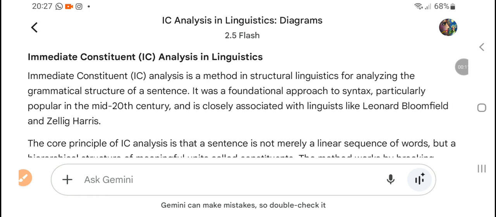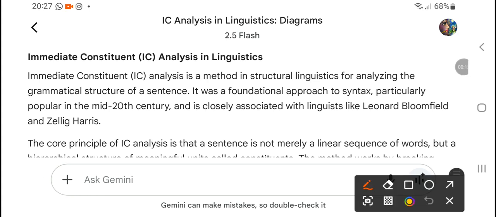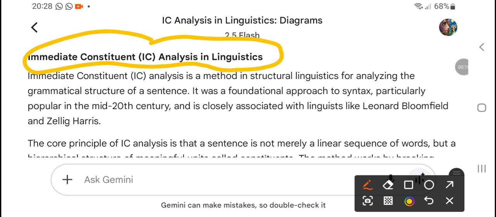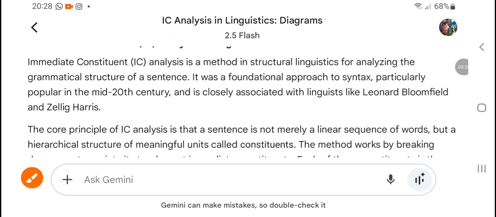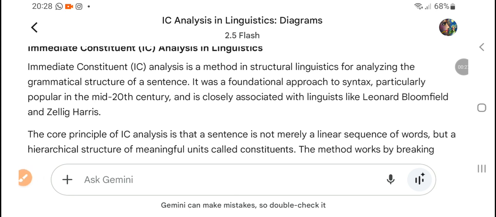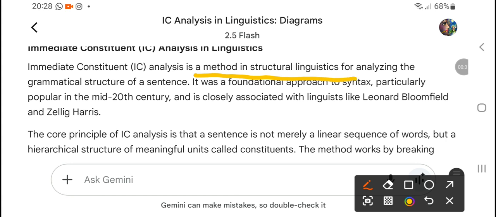IC analysis is immediate constituent analysis in linguistics. So today we are going to understand what IC analysis is. IC analysis is a method in structural linguistics, a method which focuses on the structure of a sentence for analyzing its grammatical structure.